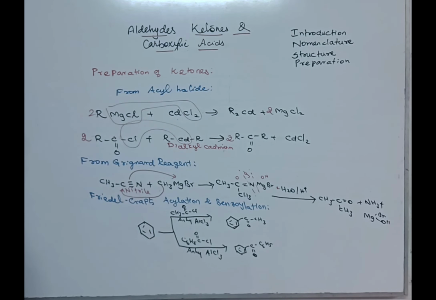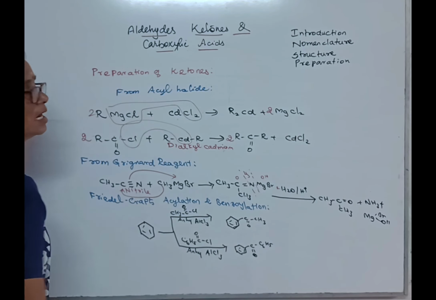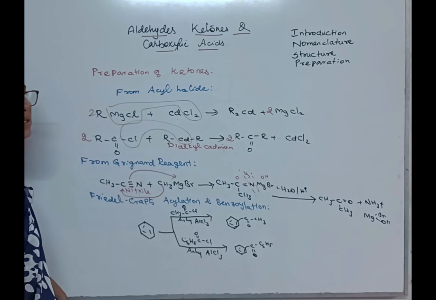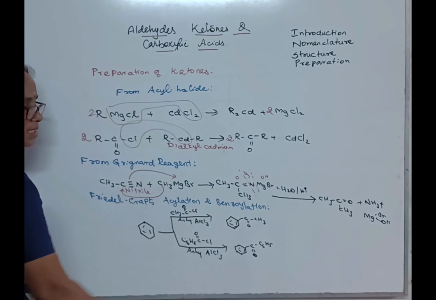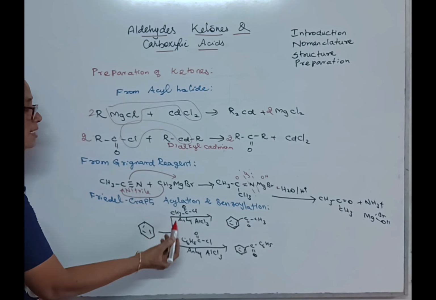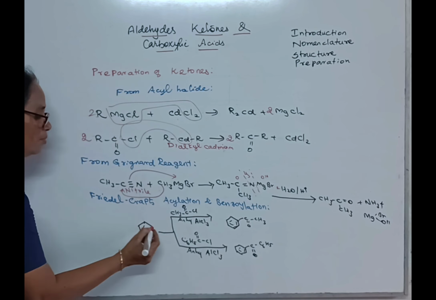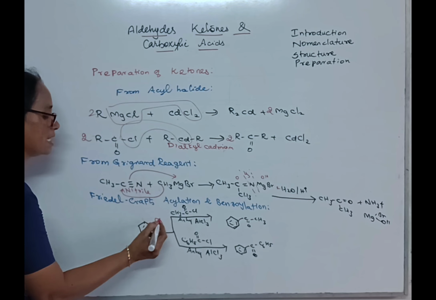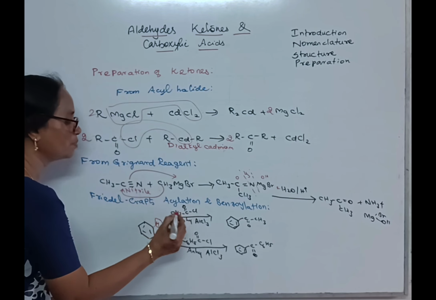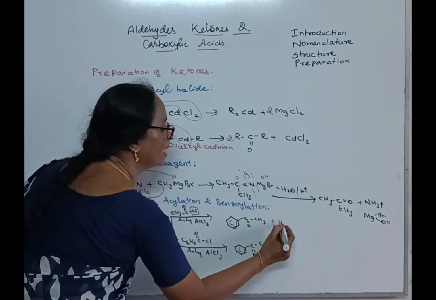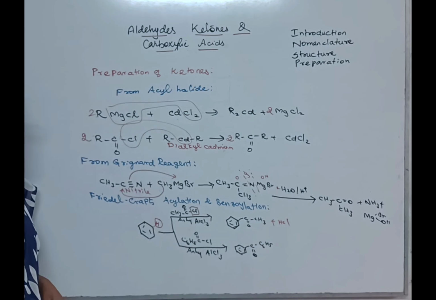The last method is Friedel-Crafts acylation and benzoylation, in which we can prepare either substituted ketones or even ketones itself. When benzene is treated with acetyl chloride in presence of anhydrous aluminium chloride, one of the hydrogen atoms of the benzene ring is substituted by the CH3CO group. So we are getting acetophenone and HCl.